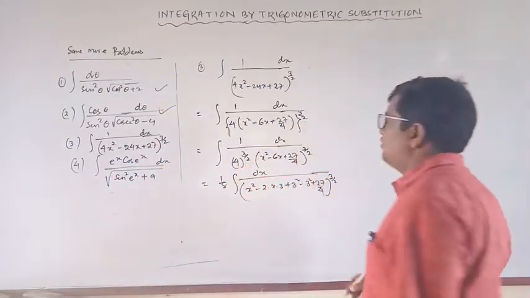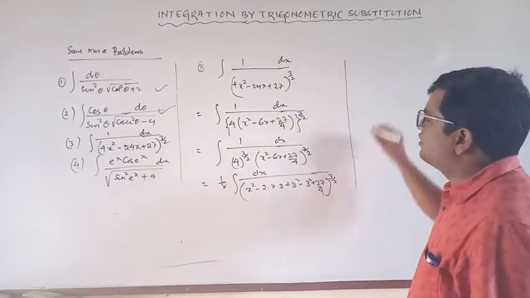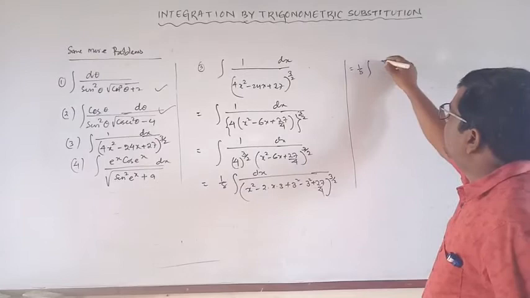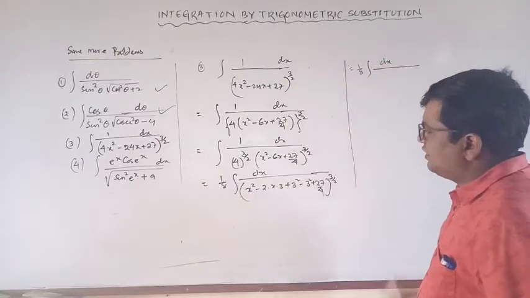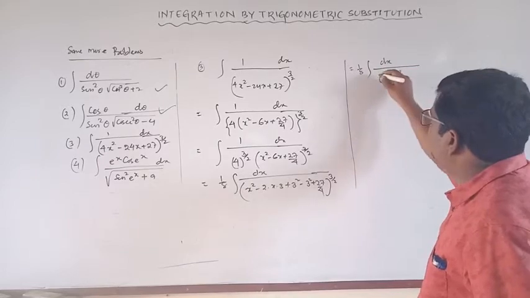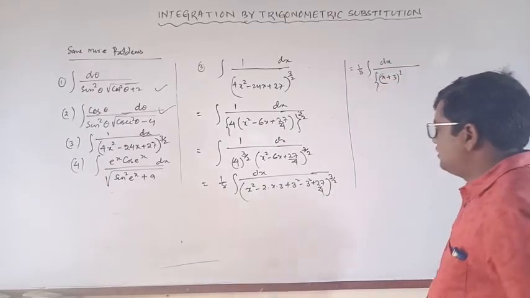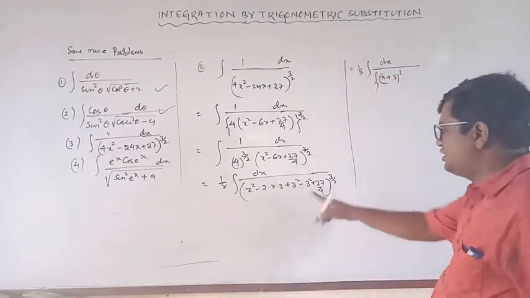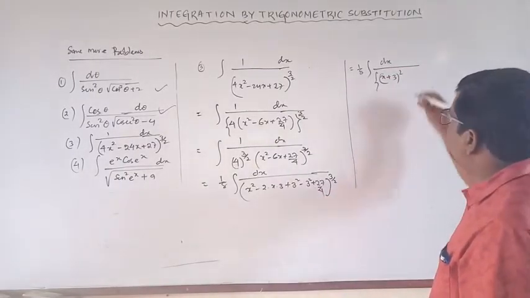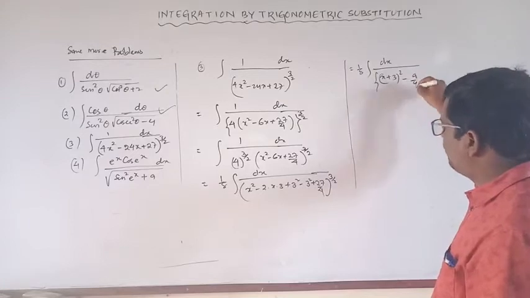Again this is equal to 1 by 8 integration dx by x plus 3 whole square minus 9, plus 27 by 4.